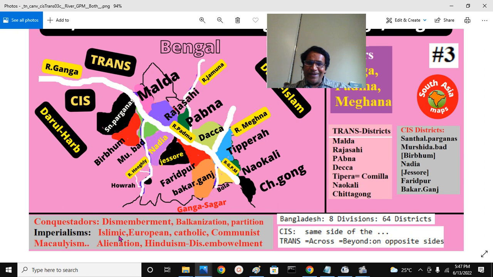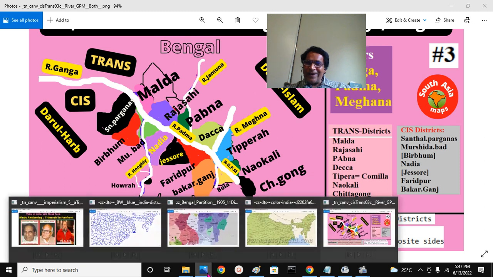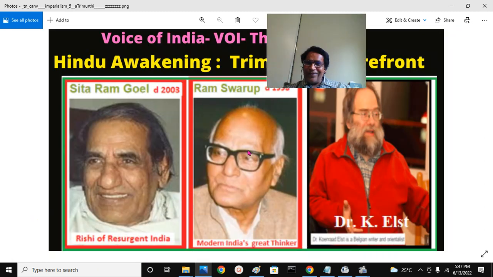So all these things after independence and partition matured into secularism that debilitated Hindus further, alienation of Hindus. Hindu cultural disembowelment occurred until late after post-independence.